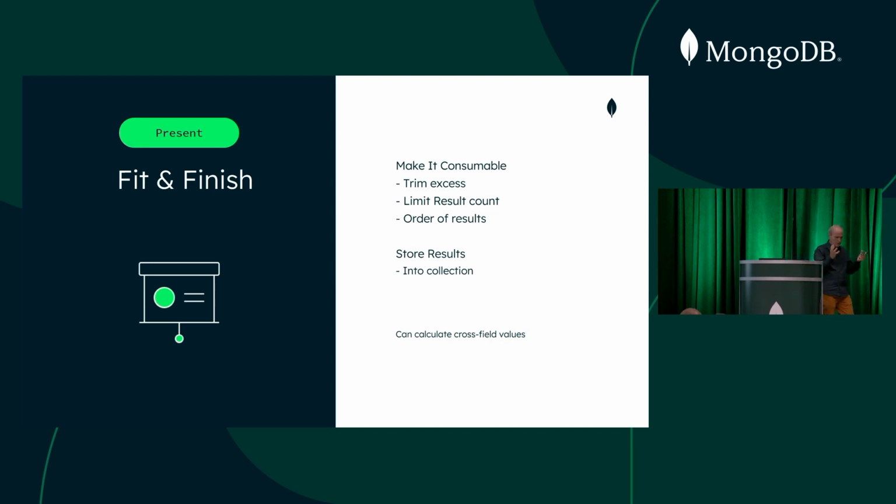Finally, after I crunched all of this, I have to make it usable for humans. Now, humans could mean a machine, but I need to take all of the information that I assembled and computed across, and I need to either throw it back at the application that requested it, or persist it into some document somewhere, or into a collection, or nowadays you can even pour it into S3 Parquet files.